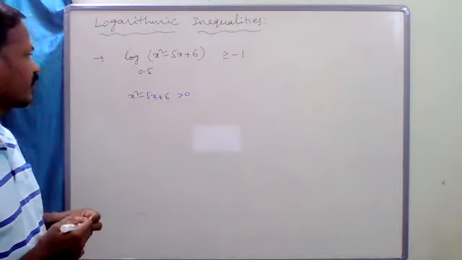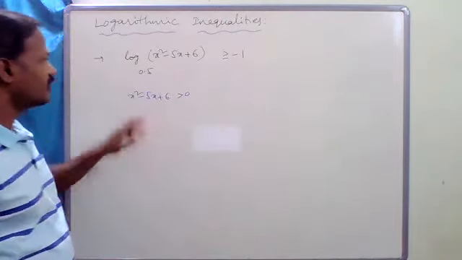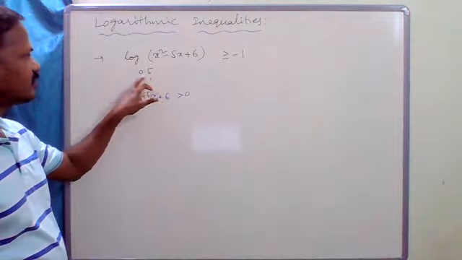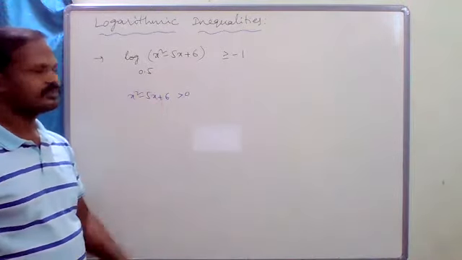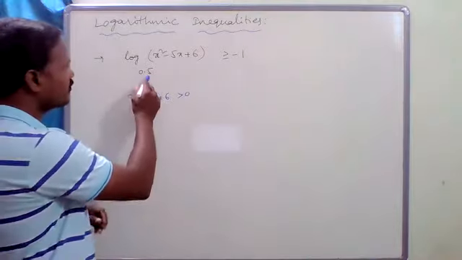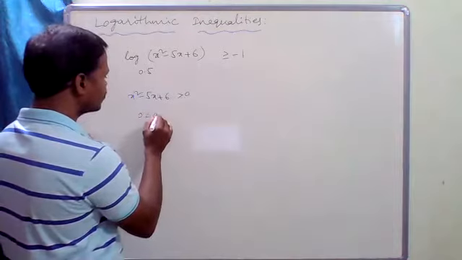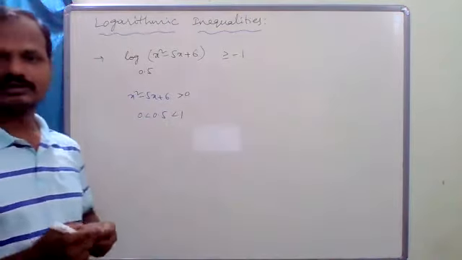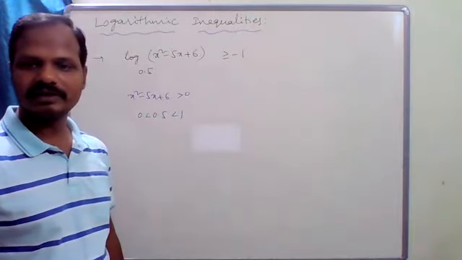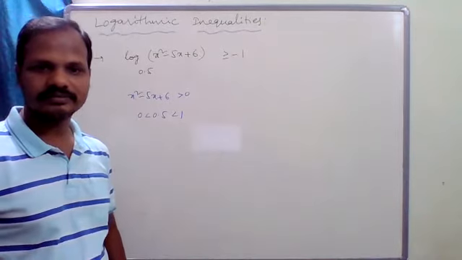Okay, fine. And now, what about the base? Think about the base, which is 0.5. That means it lies between 0 and 1. So what will happen? The sign will be changed.